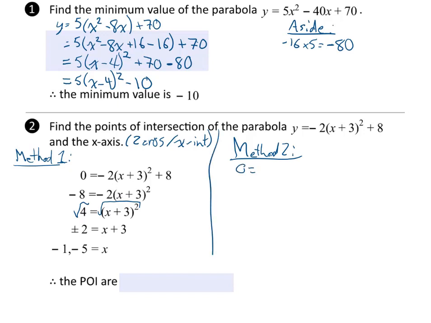So method 2, you set it up the same way. Plus 8, except you expand it. So now you have x squared plus 6x plus 9 plus 8. And you keep expanding it. You have to multiply the a value in and then add the 8 in at the end.